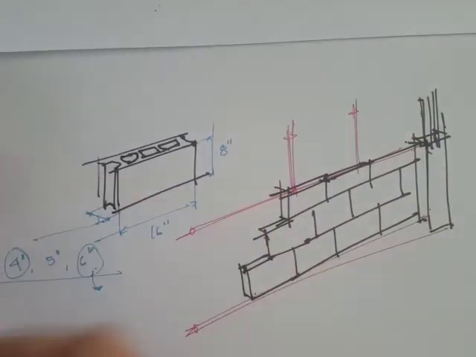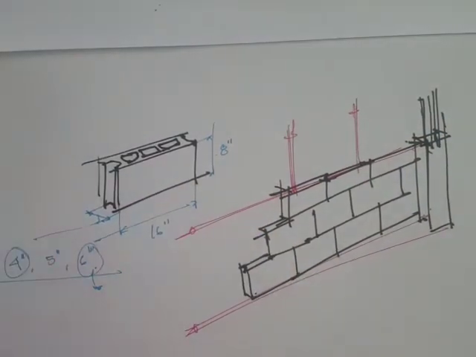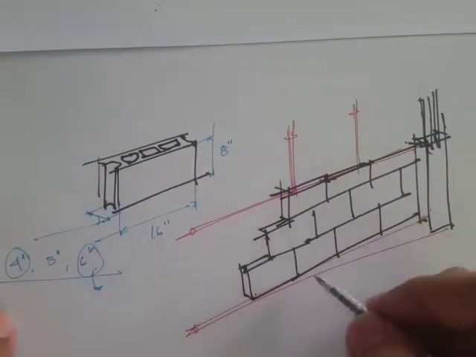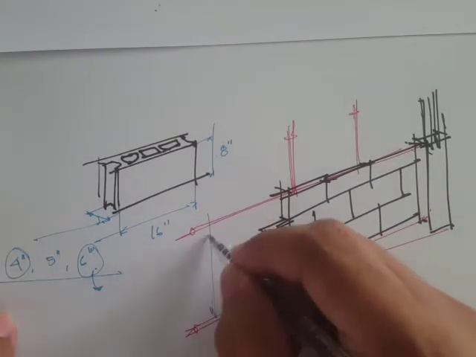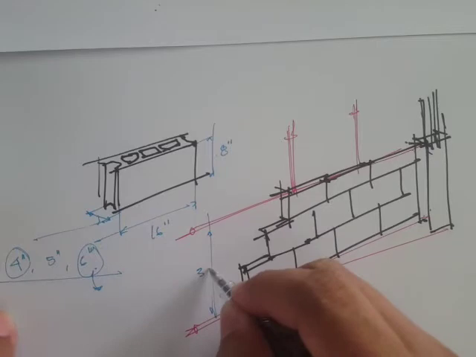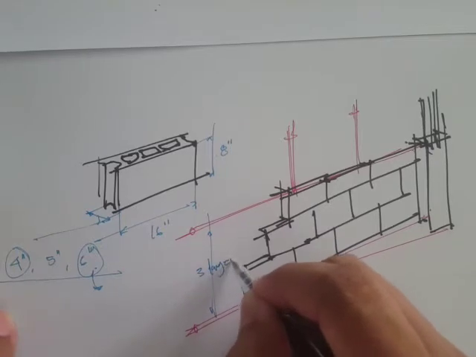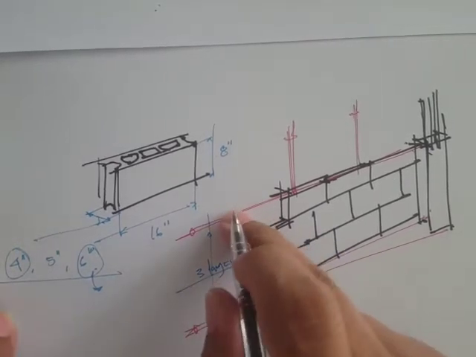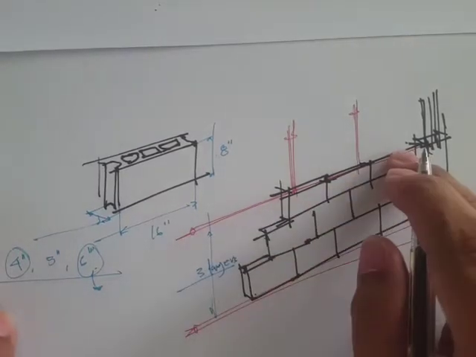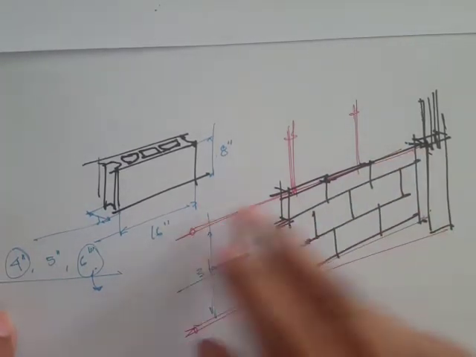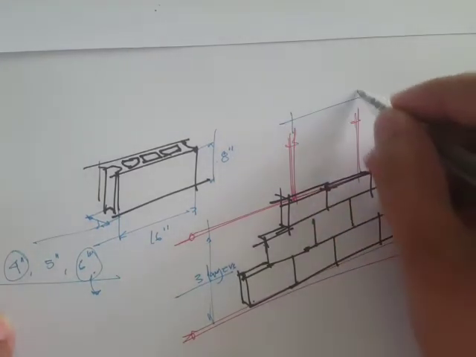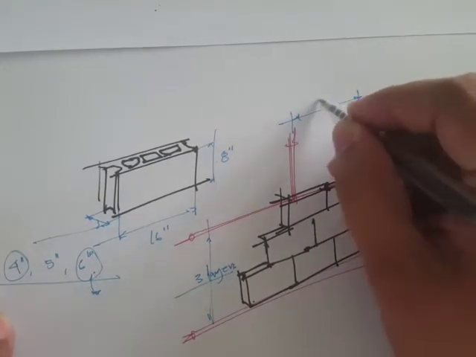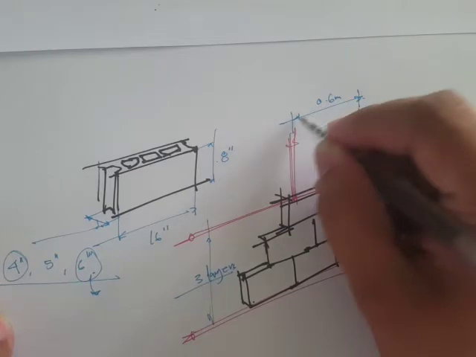So typically, take note, I said the word typically, because it can also change depending upon the designs. At every 3 layers, you have to put horizontal bars, and then this one is the vertical bars, depending upon the specified spacing. It could be, let's say, 0.6 meters.